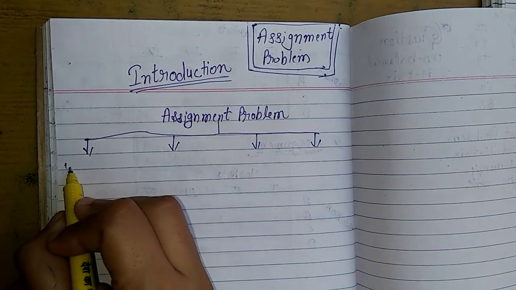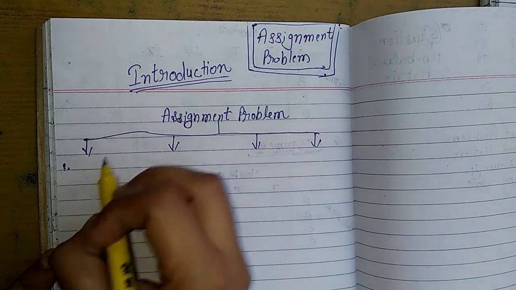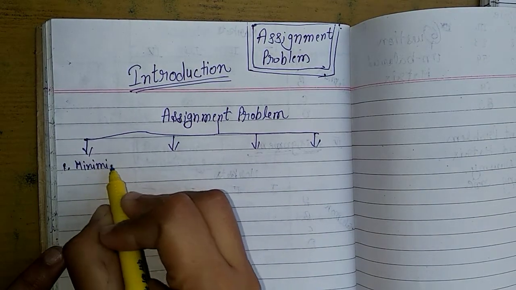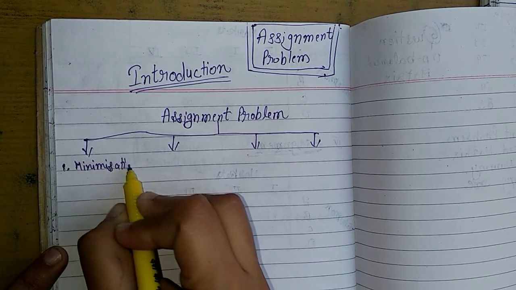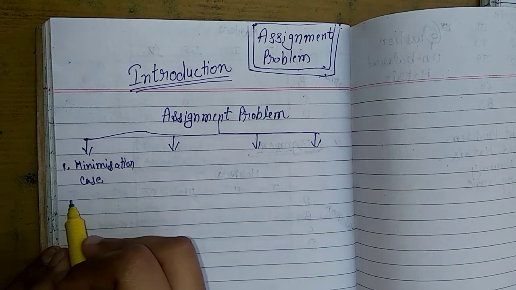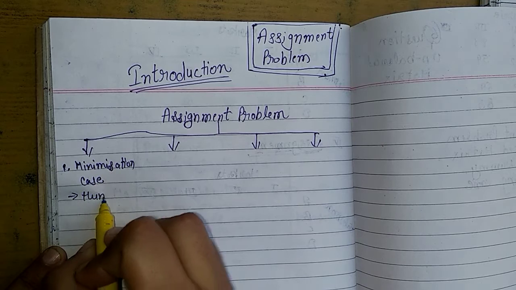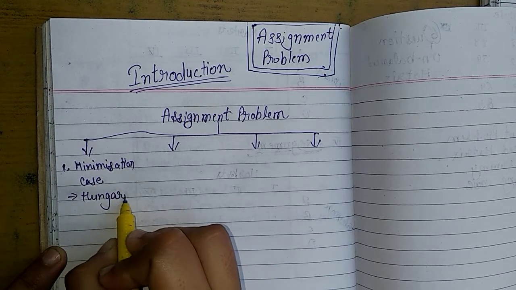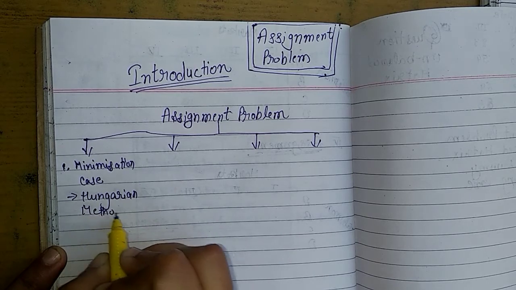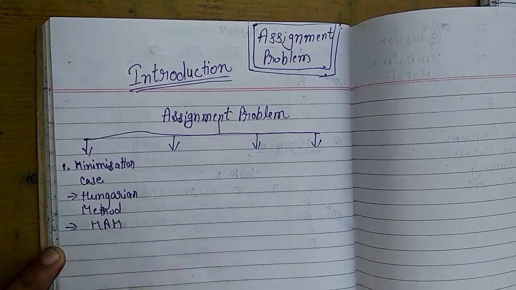First method, minimization case, which is also known as Hungarian method. It is also known as HAM method.